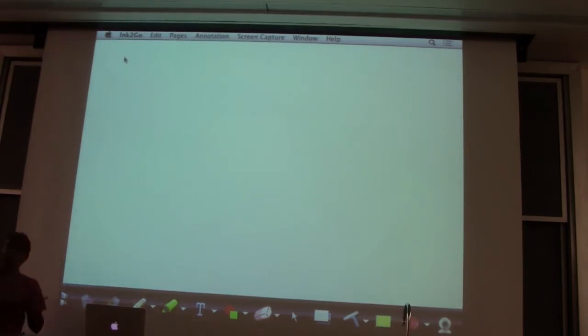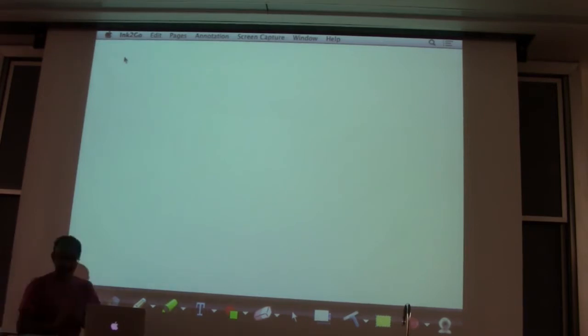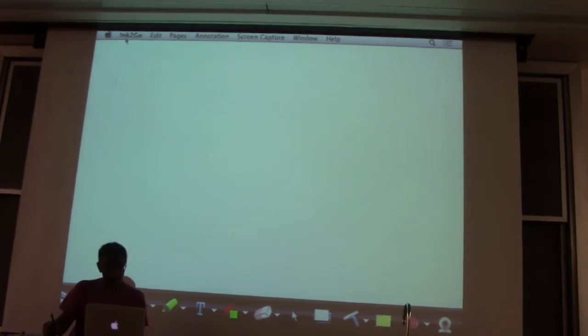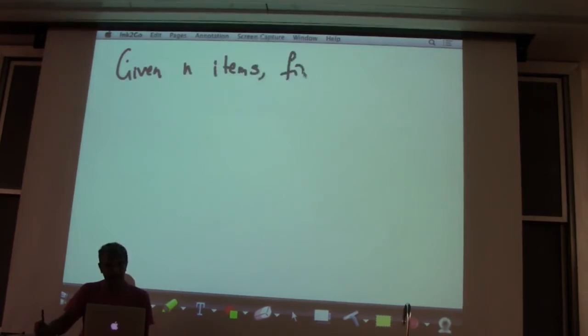But the thing we're going to look at today is where you do a bit more work, a linear amount of work, and you still get linear time. And the problem is going to be selection. Okay? So the problem of selection is, given n items, find the kth largest.